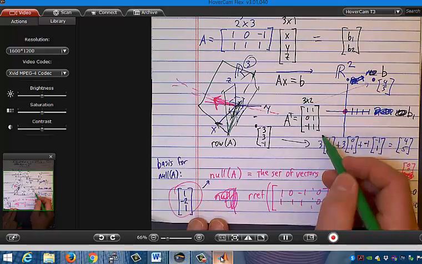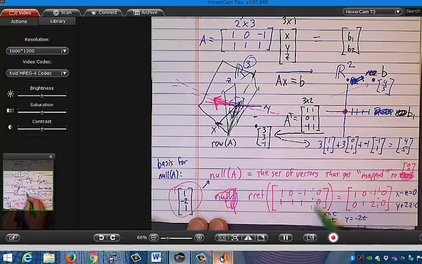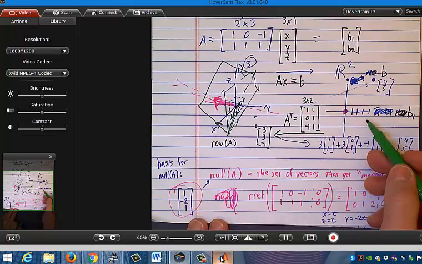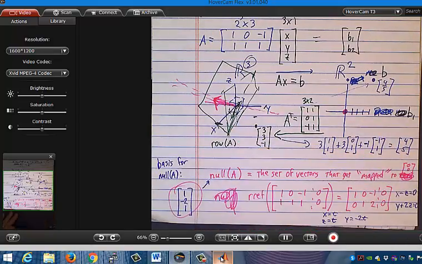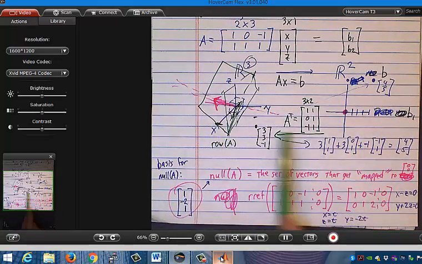And it turns out A transpose maps things back. So A maps things there, A transpose maps things back.